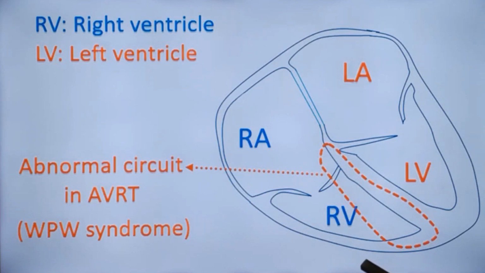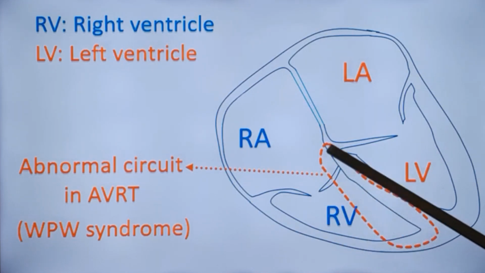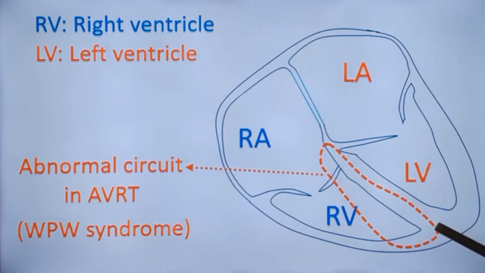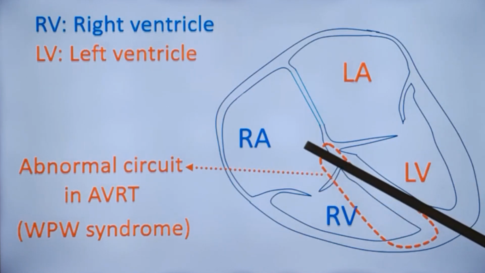So many types of pathways are possible in WPW syndrome, left-sided and right-sided. Depending on these, the ECG pattern may differ. And common, about 90%, is the orthodromic variety. That is, downward conduction is through the normal AV pathway and retrograde conduction is through the accessory pathway.